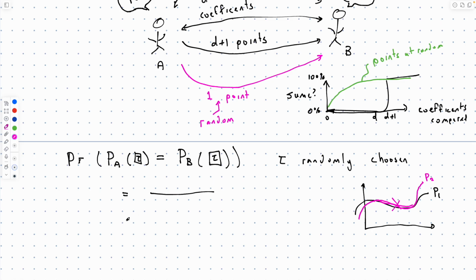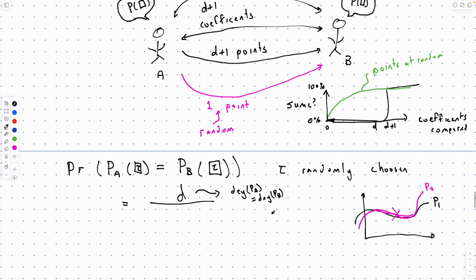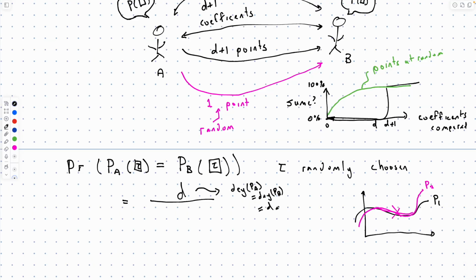D. So this is a mathematical fact: I'm going to assume the degree of polynomial A is the same as the degree of polynomial B. Actually, sorry, we did have that assumption here, so we agreed that they're the same degree, and we'll say that the degree is D. So two polynomials of degree D can have at most D points in common. They can never have more than D points.